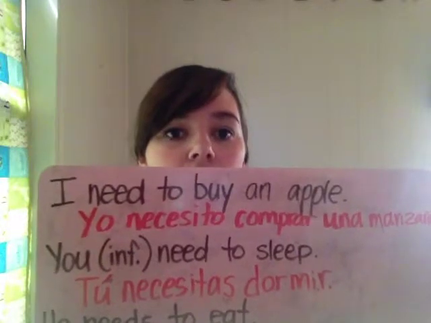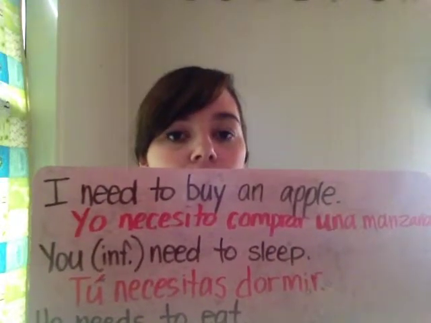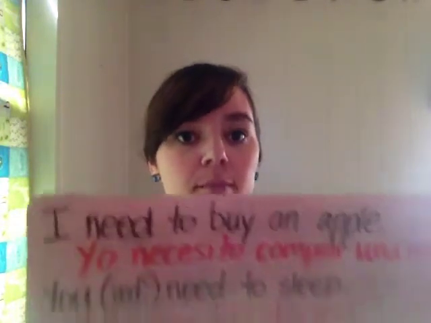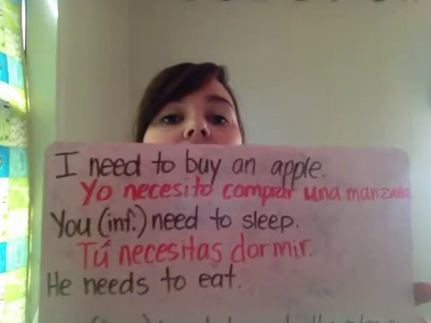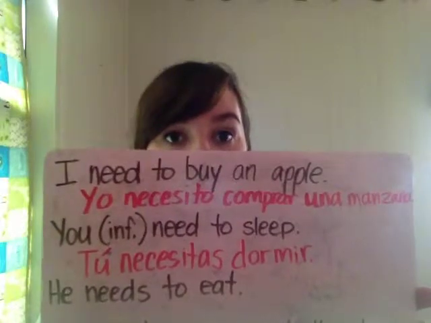Tú necesitas dormir. Let's try another one. And remember, you can always pause the video if you need more time, if I'm going too fast. He needs to eat. How do you say that in Spanish?